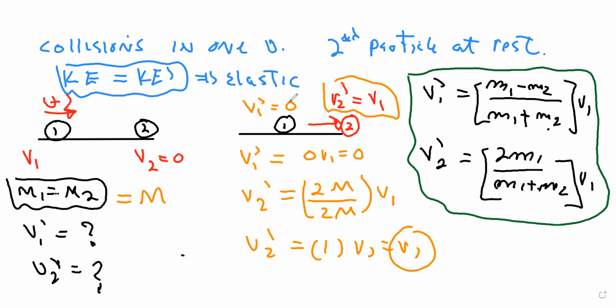Particle number 2 moves with velocity V2 prime, which is the velocity V1. So all the kinetic energy is transferred from particle 1 to particle 2, and particle 1 has no more kinetic energy and stays at rest.